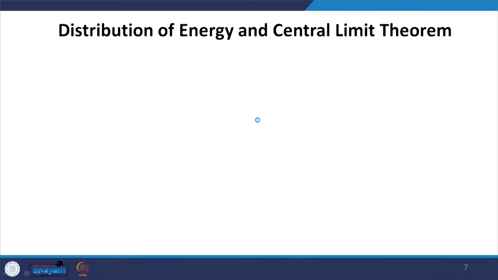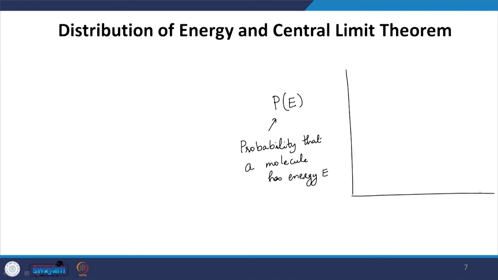So, now going back to the argument I was making regarding the uniform distribution, if for example, I look at the probability that a molecule has energy E versus the energy E, although all the molecules having the same energy is highly unlikely, but the energy having near that value is going to increase, or the distribution will get narrow as n increases, the number of molecules increases, and in molecular system we have n of the order of 10 to the power 23 or higher.